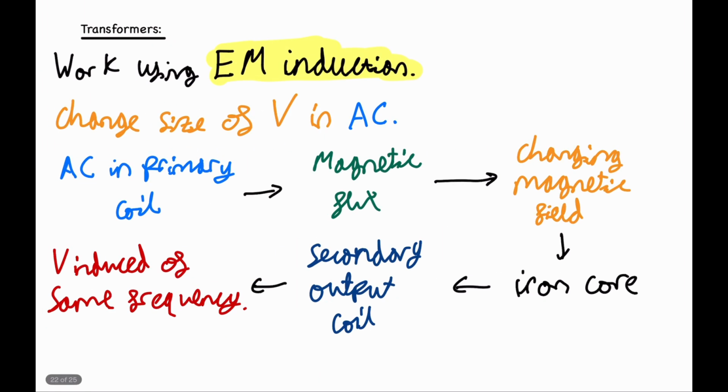Now, using Faraday's law, you can actually calculate the EMF induced in the coils. Remember, Faraday's law says the EMF induced is the change in flux linkage over time. If we apply this to the primary and the secondary coils, you'll get a primary coil like this and a secondary coil like this.